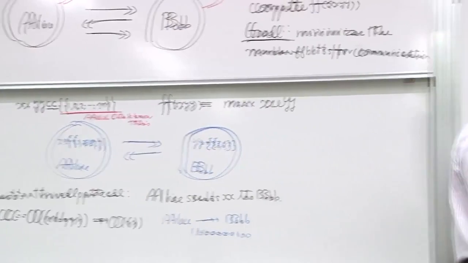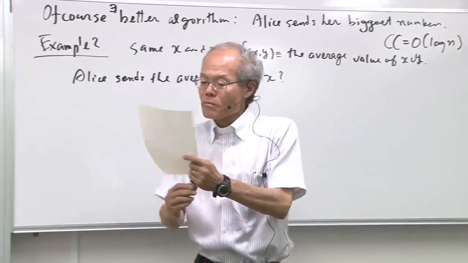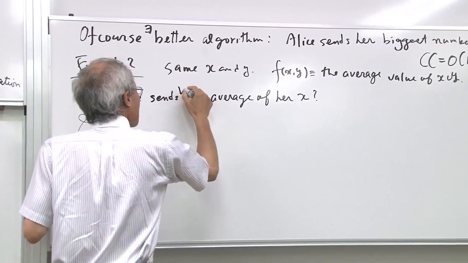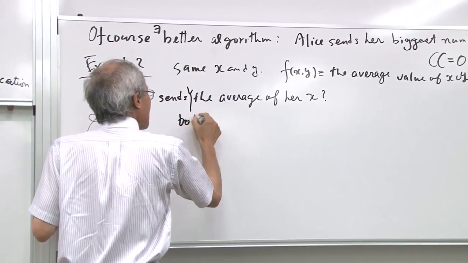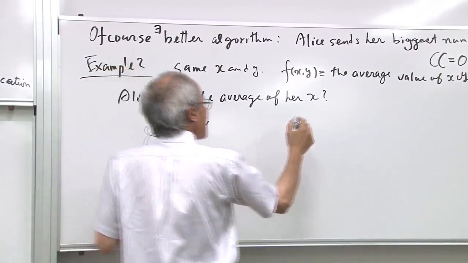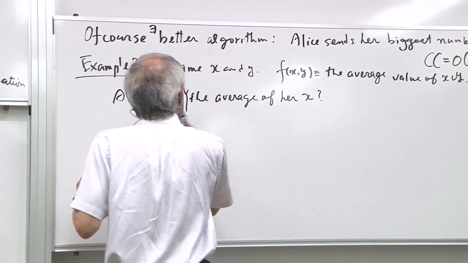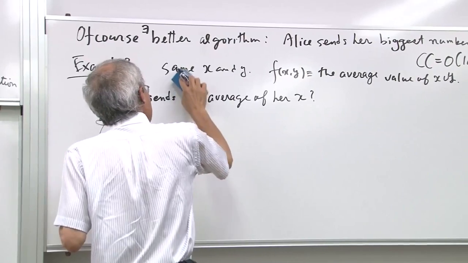I'm sorry, I have a cold. So, Alice sends both the average of her x and the number of her numbers.